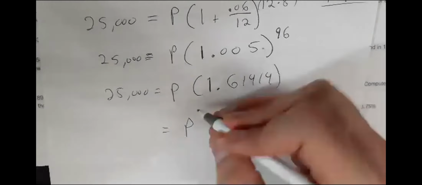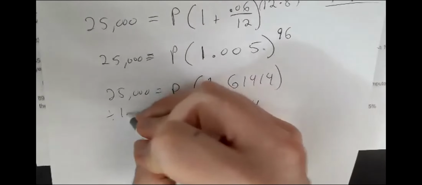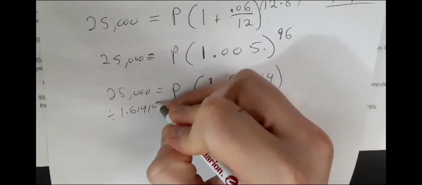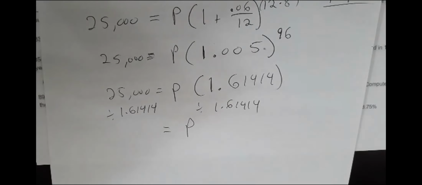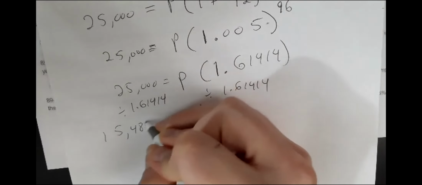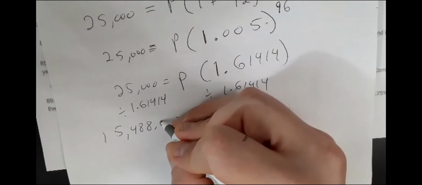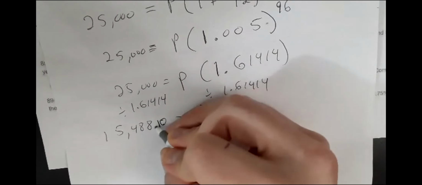Divide by this crazy thing right here, 1.61414, whatever the heck this is. And again, if you round, you might be a few cents off, but it should be pretty close. 15,488.09. It should be 10 cents when I round it up. There we go.